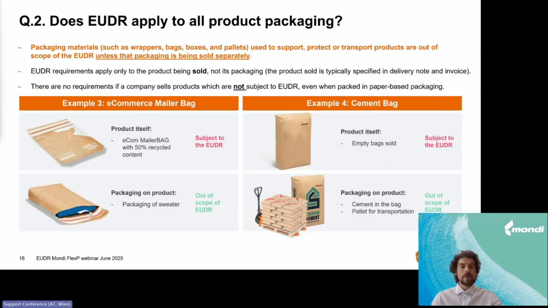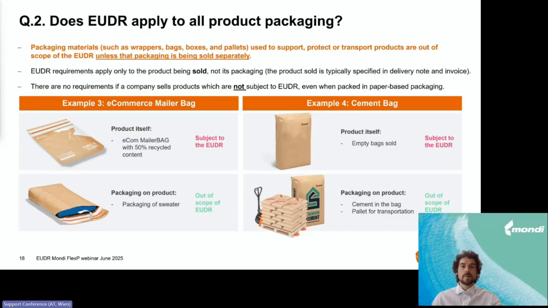The third one being an e-commerce mailer bag example. If your company is selling the empty mailer bags, again, you are selling paper packaging, so you are subject to the EUDR. If you are, however, putting, for example, sweaters in those mailer bags and you are selling the sweaters, you are out of scope.